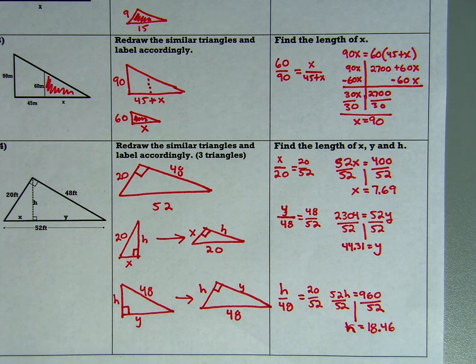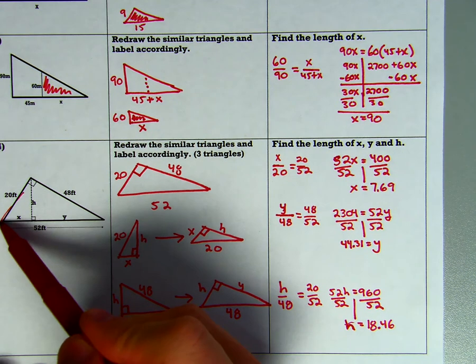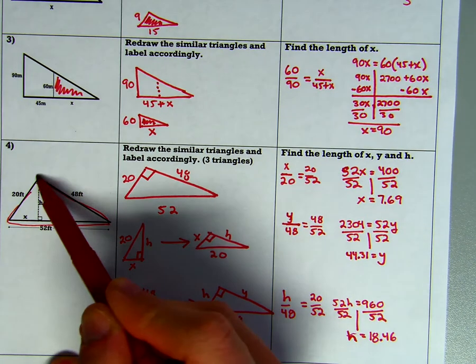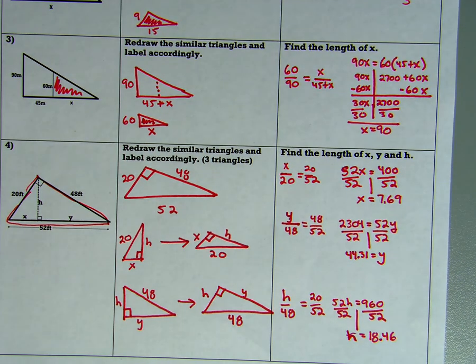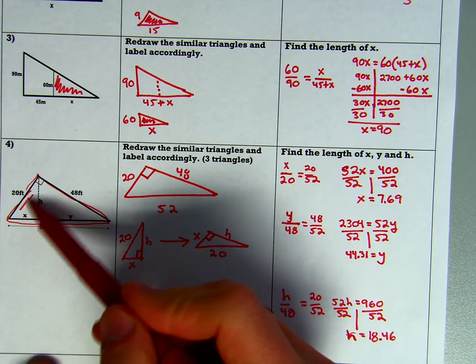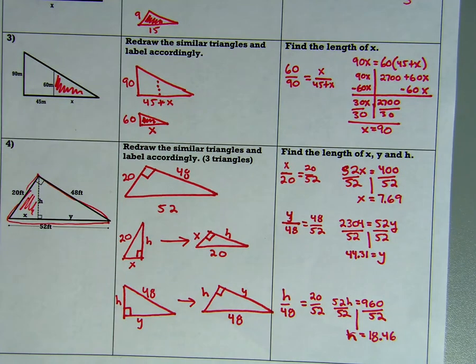And lastly is number 4. I actually had 3 triangles included in this one. I had my whole triangle, which I went ahead and redrew. Okay, that was my top one. I then had my smaller triangle here to the left, which I just shaded in for you. That's this one right here.